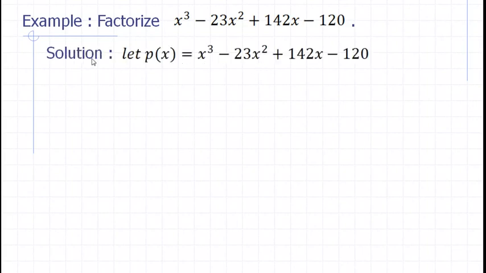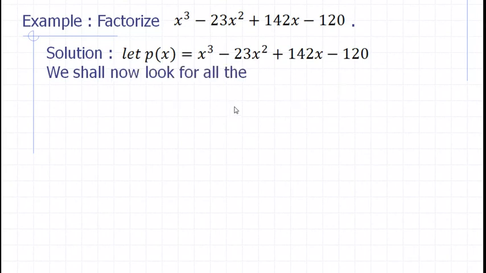So let us suppose this is a polynomial of x cube minus 23x square plus 142x minus 120. So how to solve this is, we shall now look for all the factors of the last constant term minus 120.